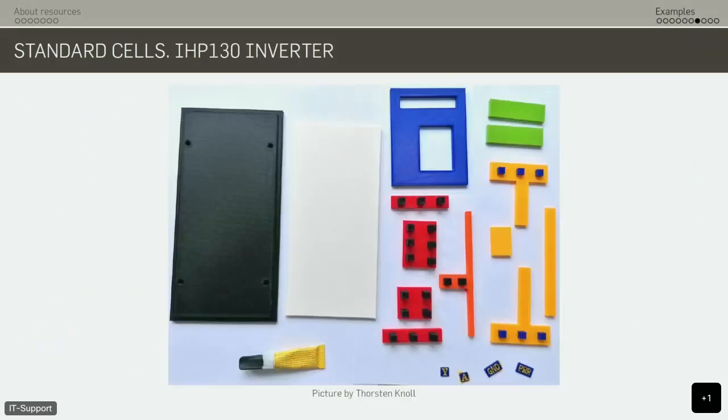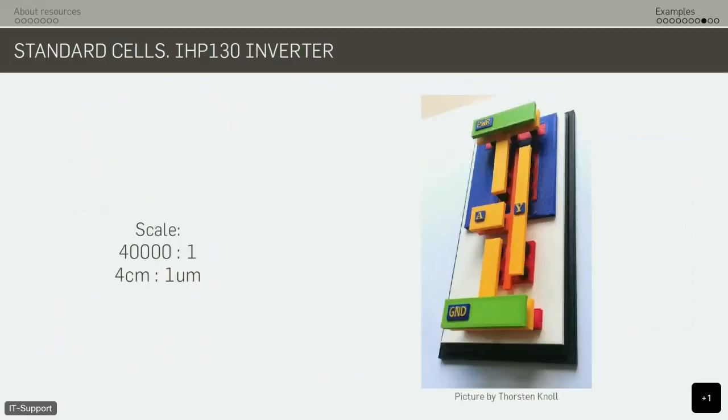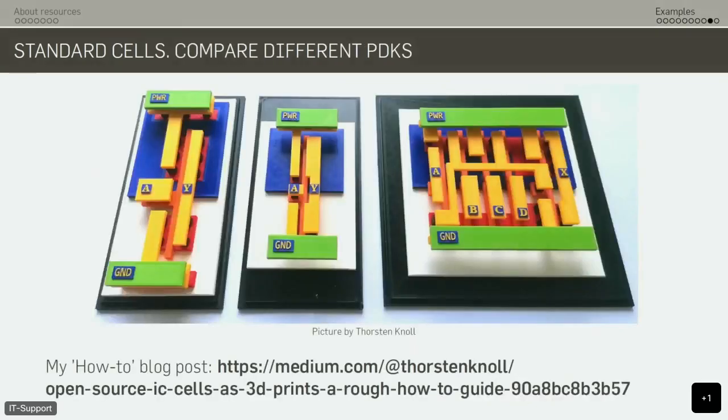So what I have is an IHP 130 inverter in pieces right now lying on my desk with some glue next to it. And this is the ready version at a scale of 40,000 to 1, which means 1 micrometer is 4 centimeters. It's this one. I have even more of them comparing different PDKs, and I wrote a blog post about how to do that.